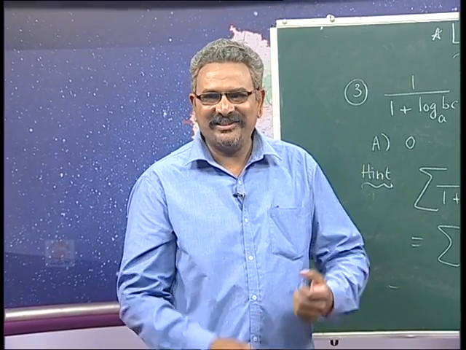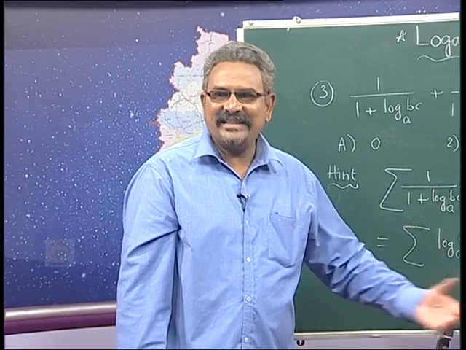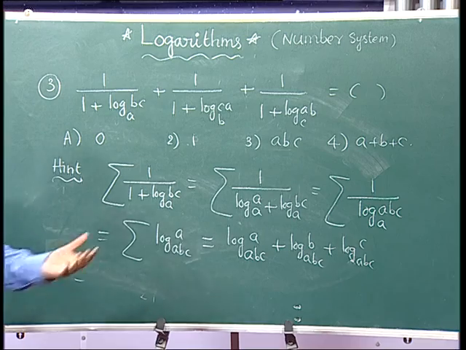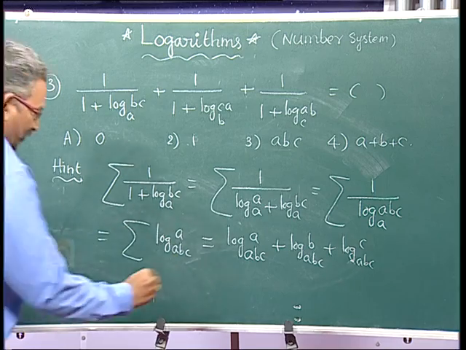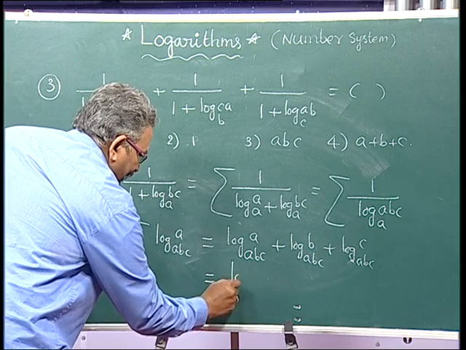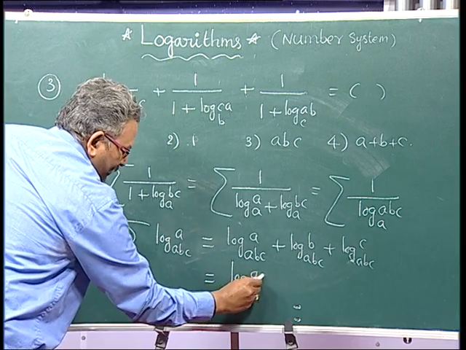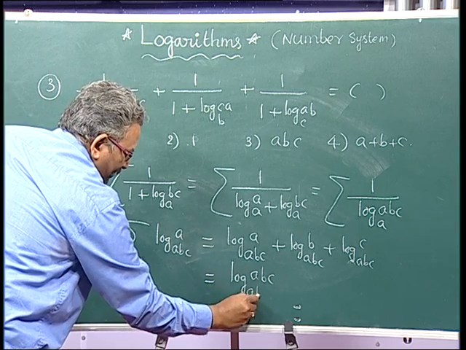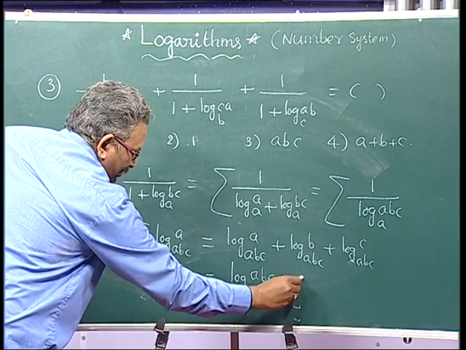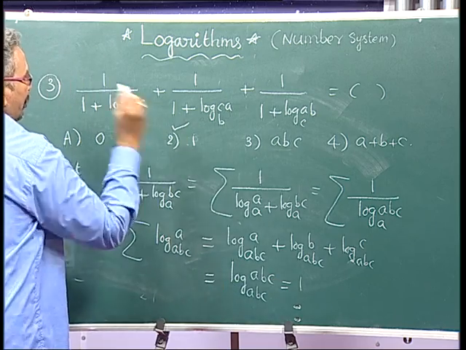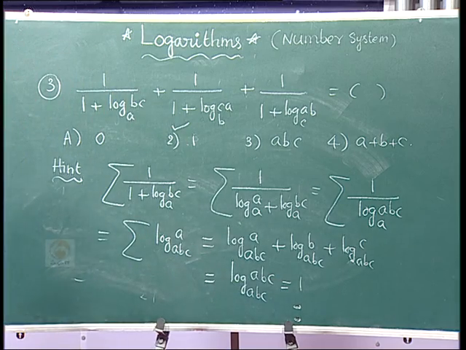Why not? We can write this as a single logarithm with base ABC. So, now this is log of A into B into C to the base ABC. Now, you can expect the answer 1. Second option is the right option.